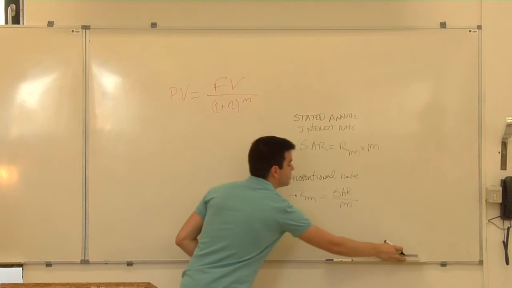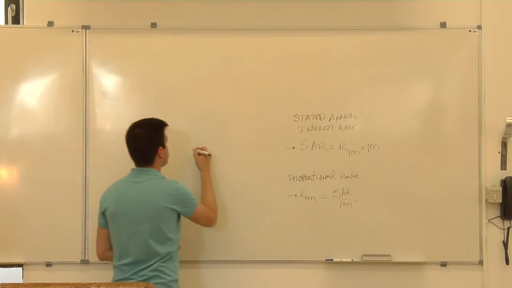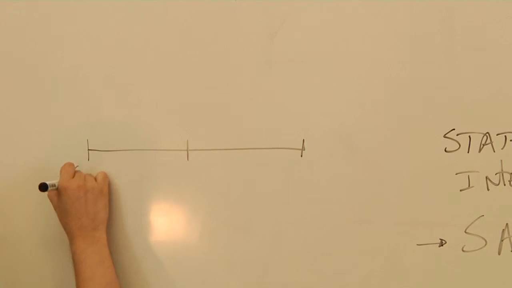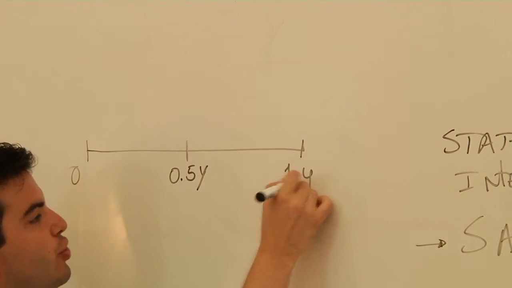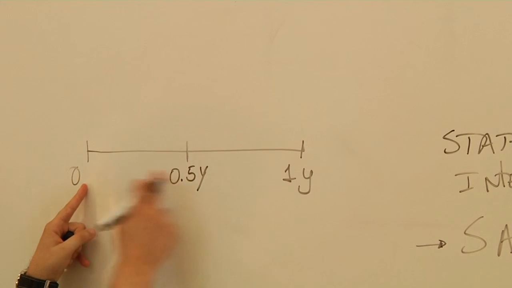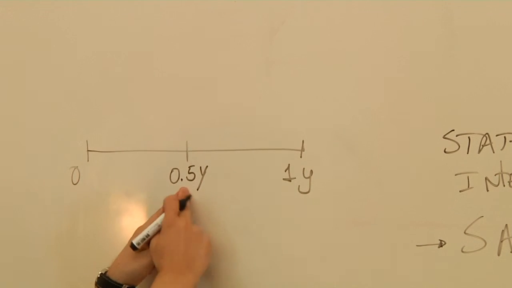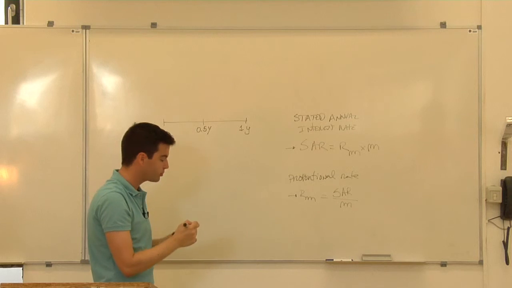If you have a deposit for 1 year with semesterly payments, you can split your year in 2 semesters. So we will make a certain deposit for 1 year and we get interest over this first semester, half a year, and for the second semester. So we will have interest in these 2 periods.